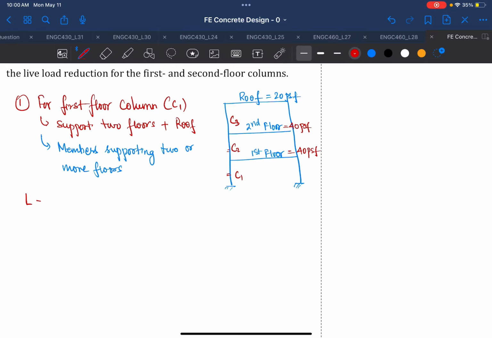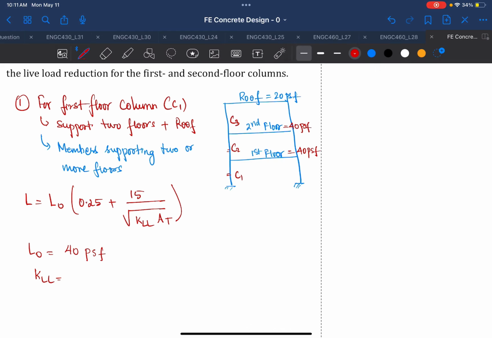And from there you'll see that the calculation for the live load reduction is L equal to L naught times (0.25 plus 15 over the square root of K_LL A_T). Your L naught is equal to 40 psf, and K_LL is given in your FE manual.